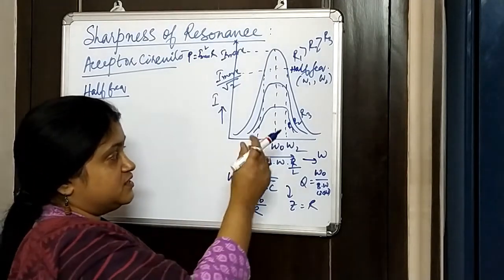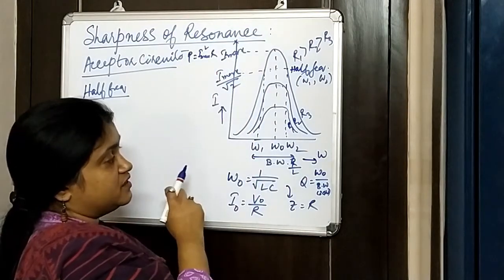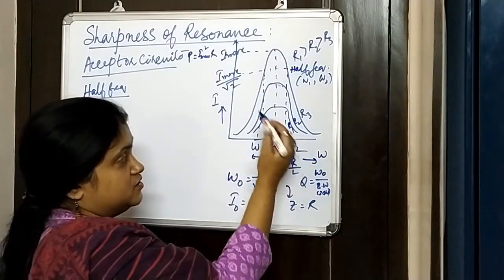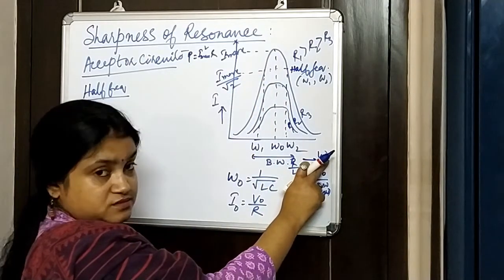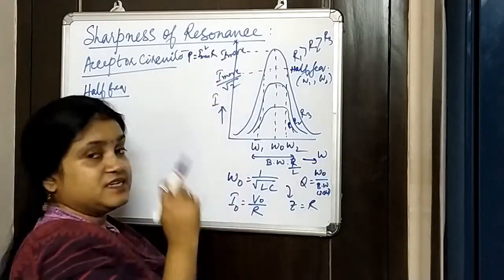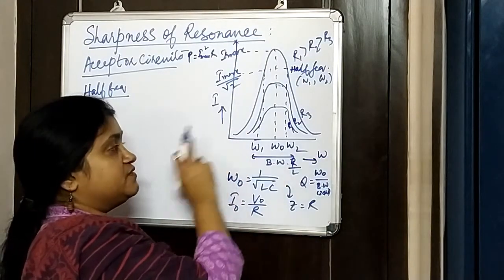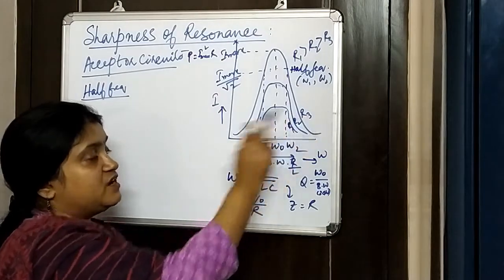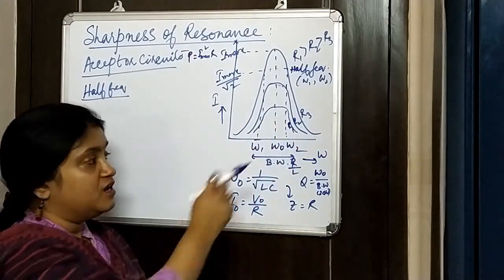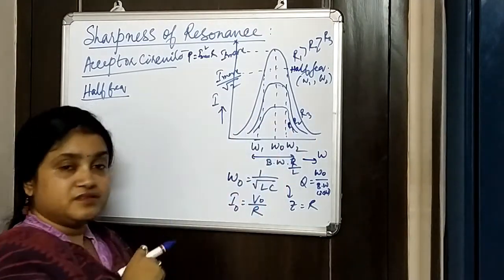Now, suppose here I have plotted a graph of the resonance, that is frequency omega versus the current, with three different R's: R1, R2 and R3.